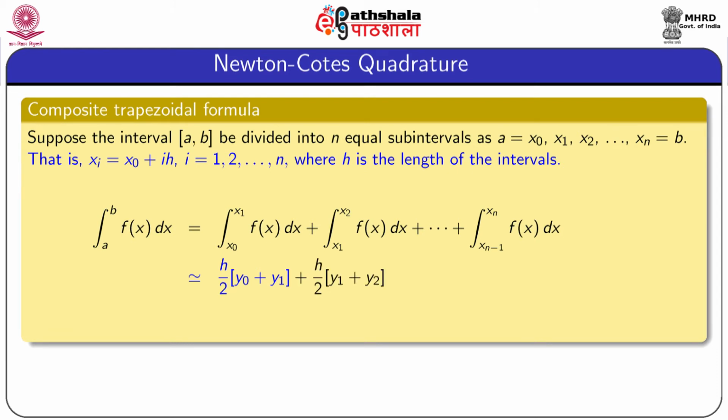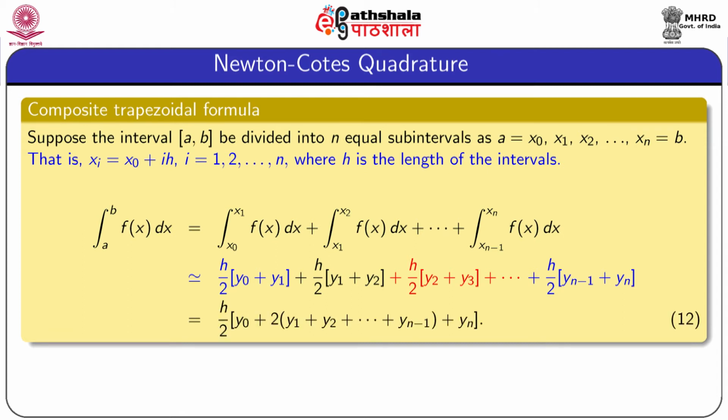The second term and the third term are obtained similarly, as is the last term. All these values are calculated by the trapezoidal formula. After simplification, this formula becomes h by 2 times [y0 plus 2 into (y1 to yn minus 1) plus yn]. So this formula, equation 12, is known as the composite trapezoidal formula.